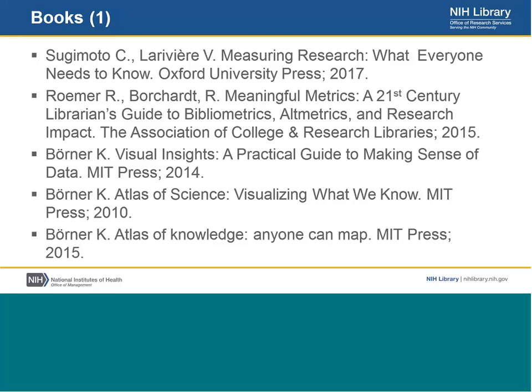And then Meaningful Metrics, a 21st Century Librarian's Guide to Bibliometrics, Altmetrics, and Research Impact, is written specifically for librarians, by librarians doing this work. I have found that not everything in that title is directly applicable to the work that I do here, but again, it's a good introductory piece and is written in a very approachable style.